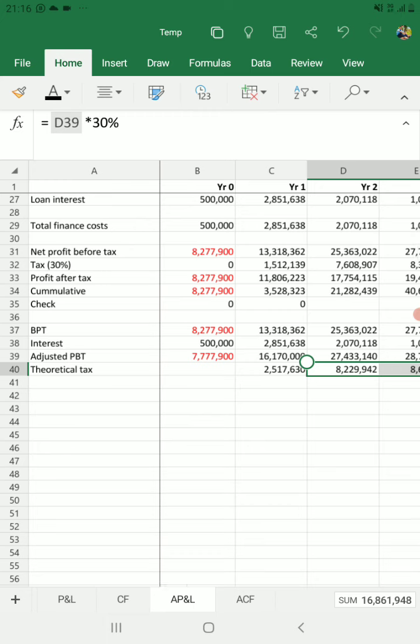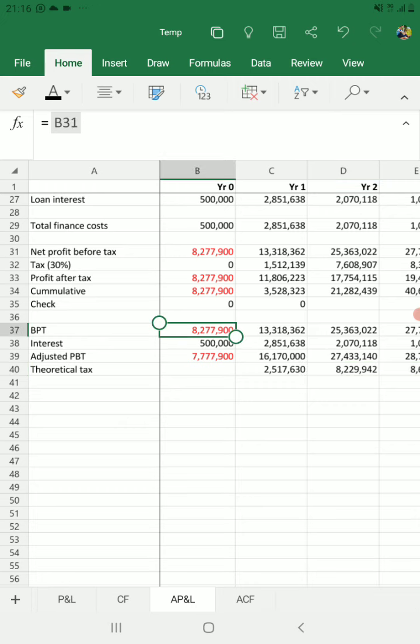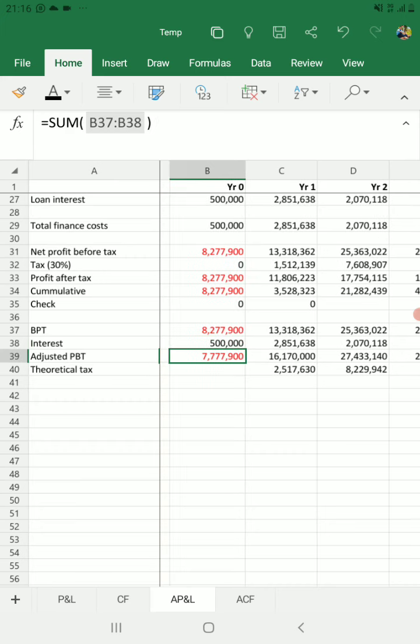Okay, we started with profit before tax, and then we added back the interest component because we wanted to derive the unlevered free cash flow, so we had to add back the interest component, and then we got our adjusted profit before tax, and then after that we did the computation of theoretical tax.